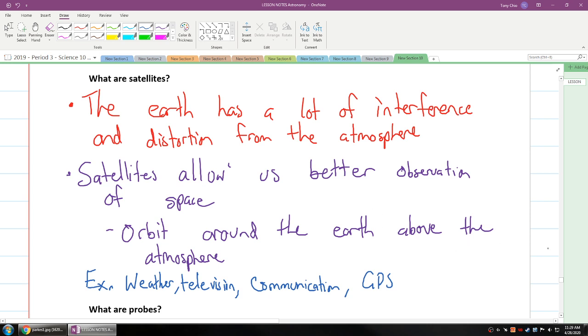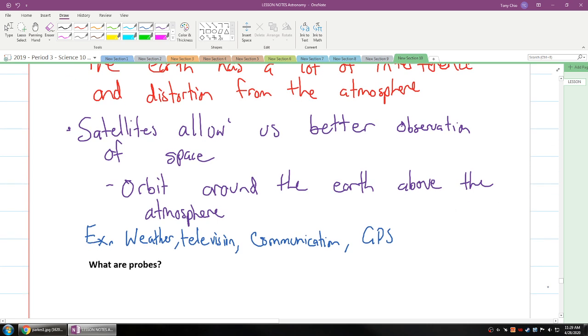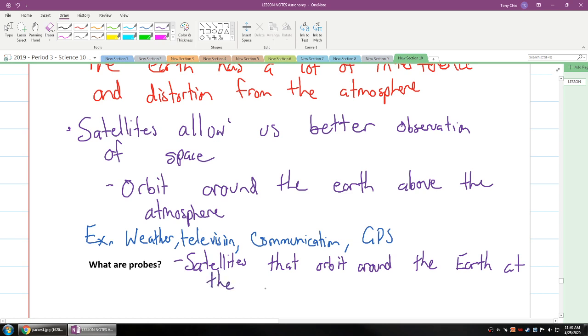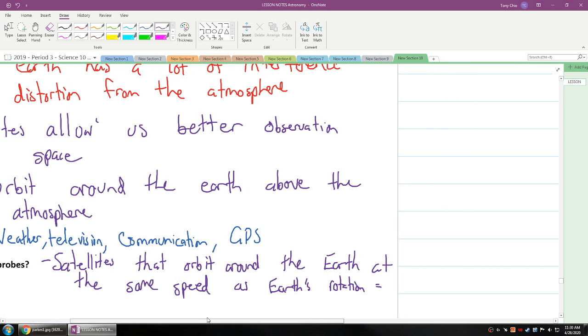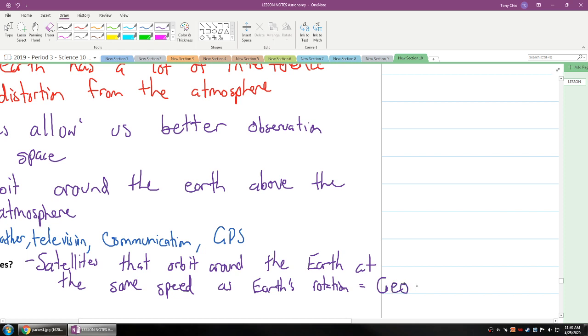Now, satellites that remain over a fixed point, those are called geosynchronous orbits. So satellites that orbit around the Earth at the same speed as Earth's rotation is called geosynchronous, aka it will remain above the Earth on a fixed point.